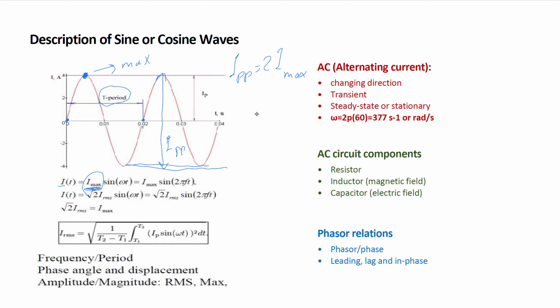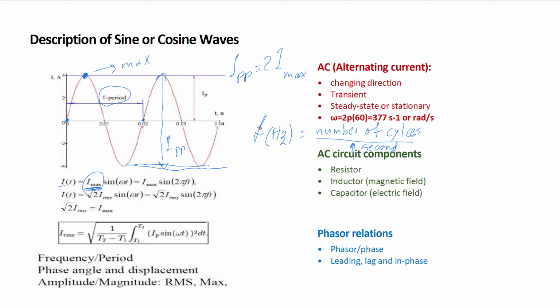And based on the definition, the frequency, which is in hertz, is going to be the number of cycles per 1 second. By the definition, you can see that the frequency and time period have a reverse relation.